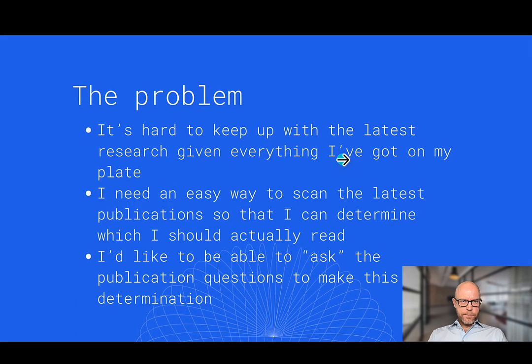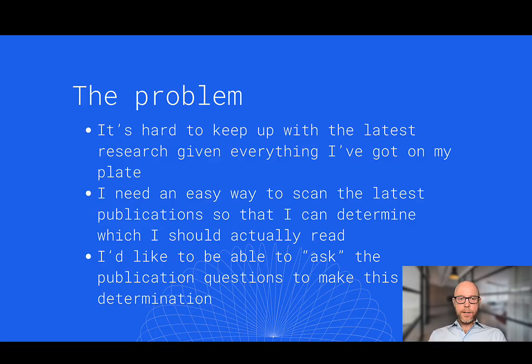Today, I was trying to think of a problem that a staff scientist or researcher might have, so that I could illustrate how you could solve it using AI. The problem I came up with was that there's a lot of research out there, with a lot of things happening every day, and it's really hard to keep up with.